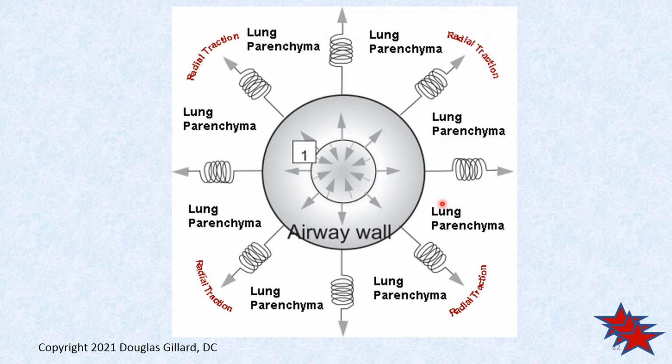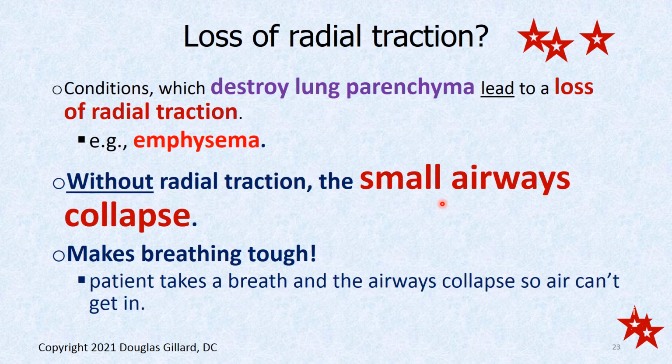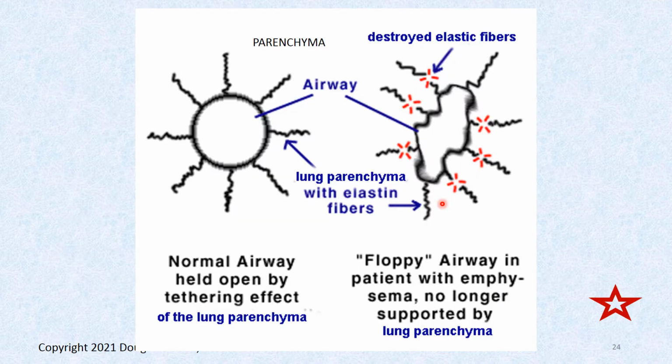It's terminal bronchioles. That's the last part of the conducting airway. Respiratory bronchioles are part of the acinus, part of the respiratory unit where gas exchange occurs. They don't need to be really held open.